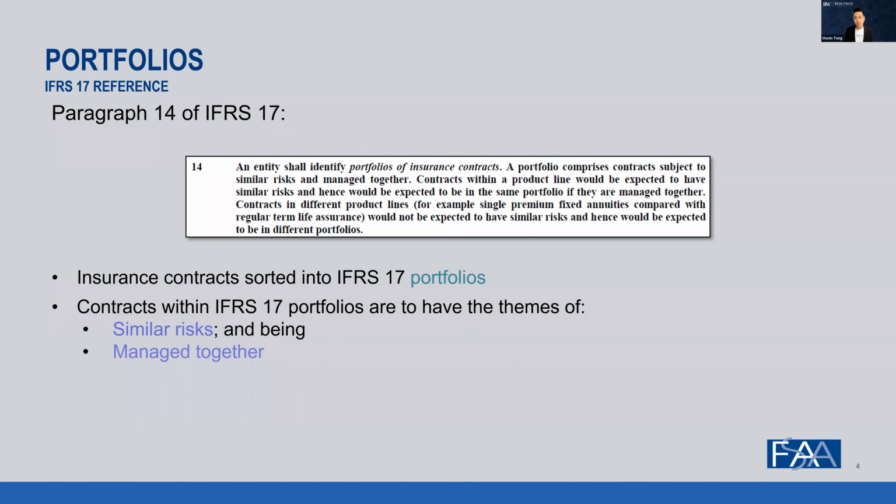For life insurance, they give an example saying that single premium fixed annuities are different from regular term life insurance. I also want to caveat that a lot of my illustrations are focused towards the general insurance side rather than the life insurance side.